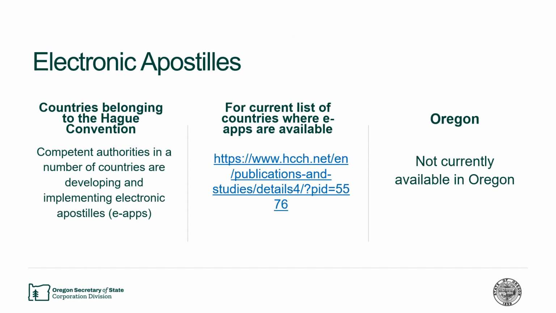We hear from notaries everywhere and from national professional notary organizations that electronic notarization is the wave of the future. Can apostilles and authentications be attached to an electronic notarization? In Oregon, this is not yet possible. However, competent authorities in a number of countries are developing and implementing electronic apostilles, so that may be possible in the next several years.